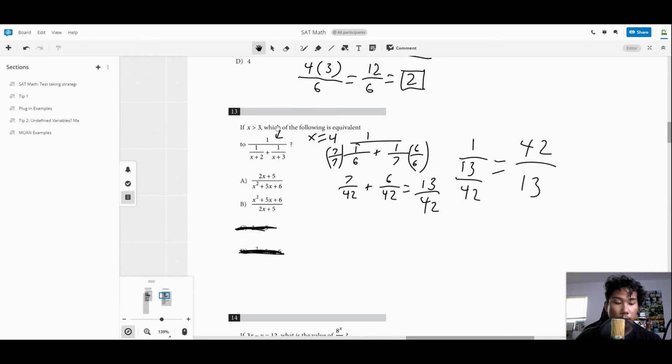So starting with A, 2 times 4 is 8. So 2 times 4 plus 5 over 4 squared plus 5 times 4 plus 6. I'm going to go ahead and clear up some of this space.